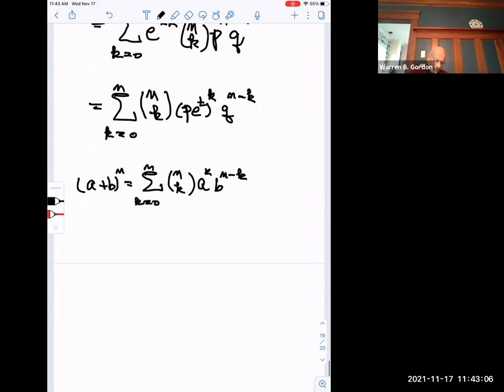So now identify this with A and this with B. I'm going to replace A with p e to the t, and B becomes just q.